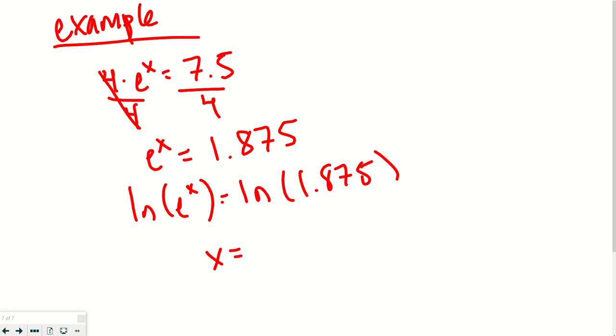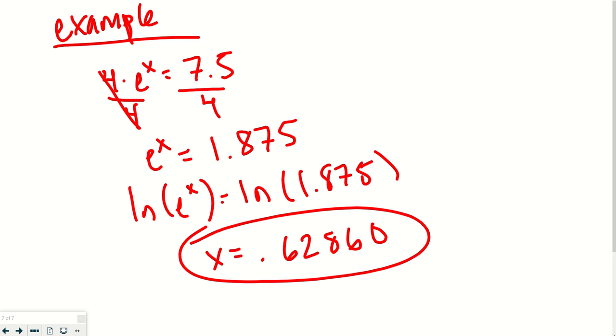So I want to find the natural log of 1.875. And the natural log of that would be 0.6286. So that would be my solution to the exponential equation.